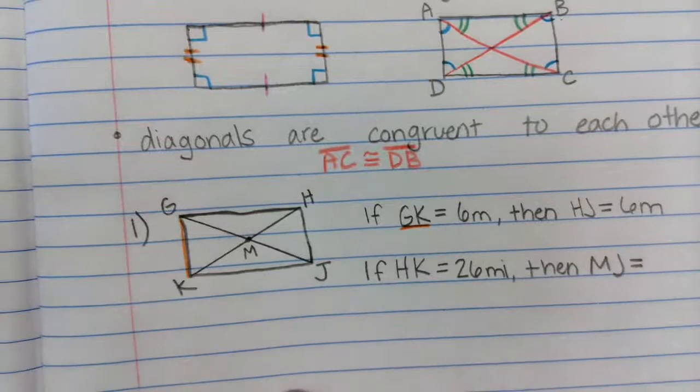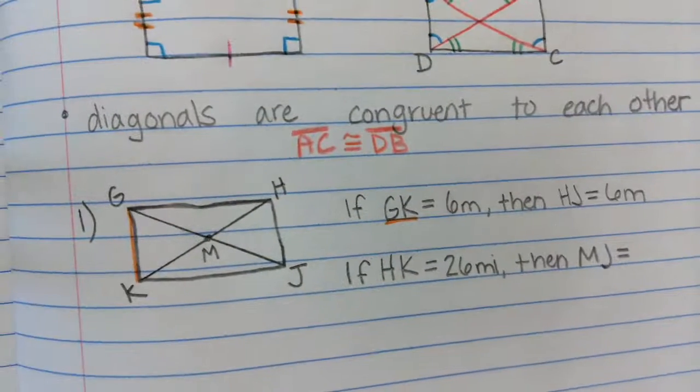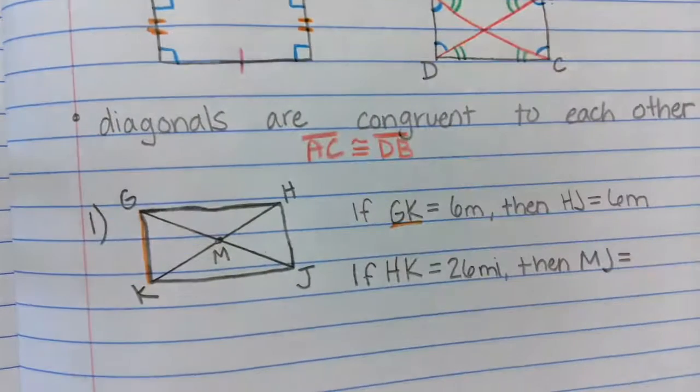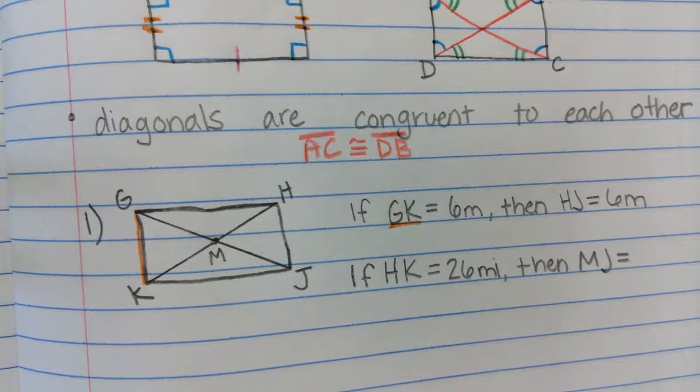Does that make sense? 13? Yeah. How'd you get 13? It's in the middle, yeah. And H to K is 26. So how did you know that M to J would be 13?